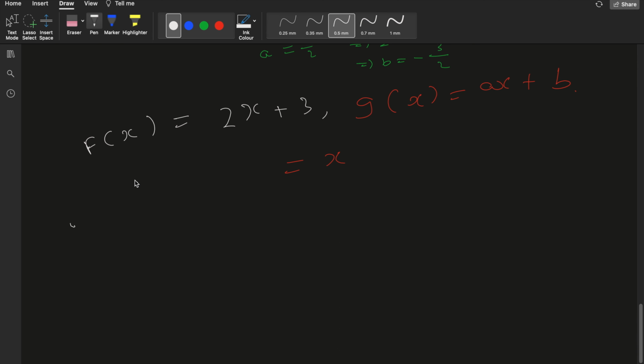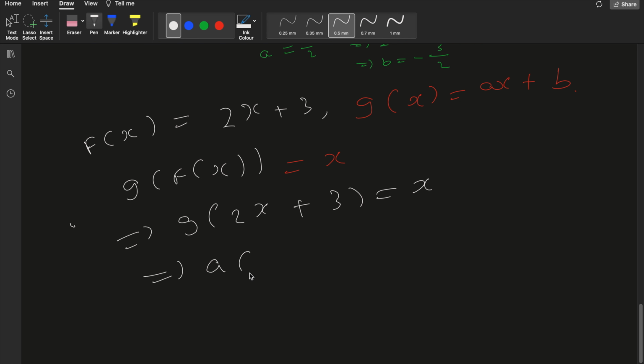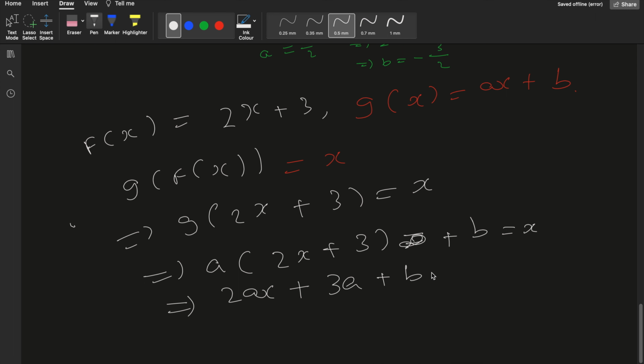So g of f of x equals x implies g of 2x plus 3 equals x, implies that a into 2x plus 3 plus b equals x, so 2ax plus 3a plus b equals x plus 0. Let's just write that.